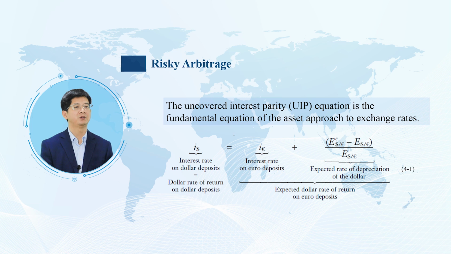Also, it means that dollar rate of return on dollar deposits should be equal to expected dollar rate of return on euro deposits. The uncovered interest parity, we call UIP, equation is the fundamental equation of the asset approach to exchange rates. As we have seen, by rearranging this equation, if we know all of the other variables, we can solve it for the spot exchange rate.